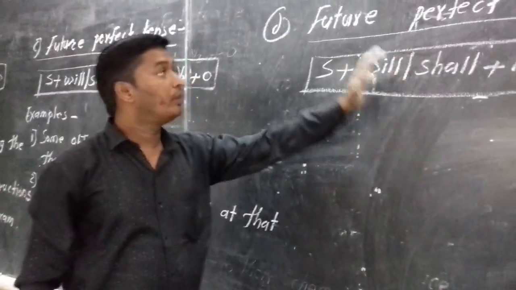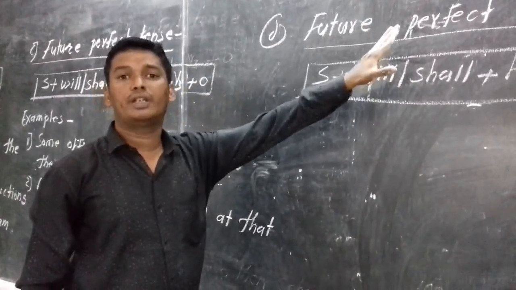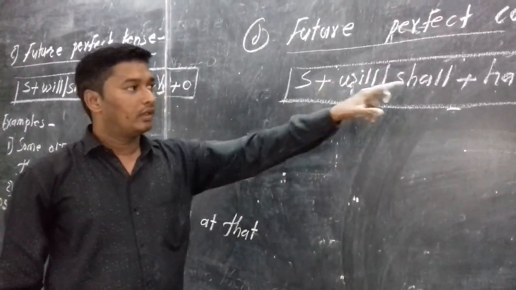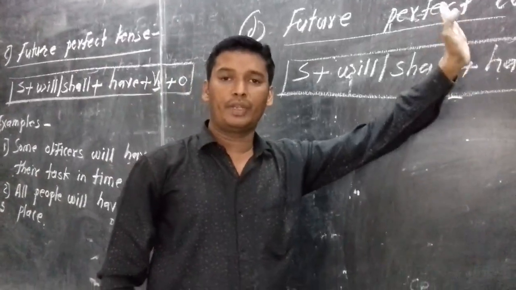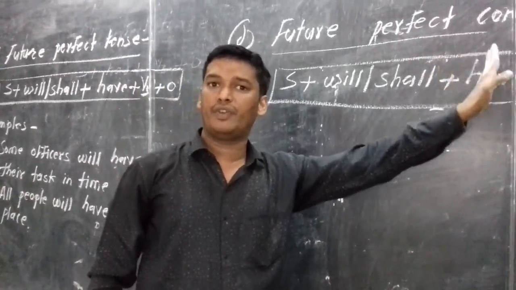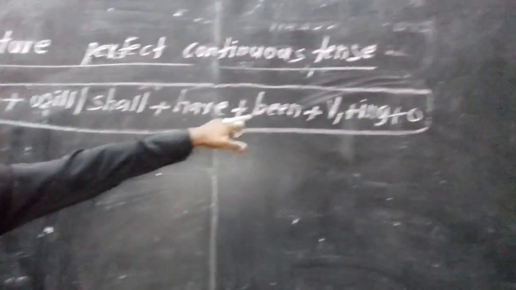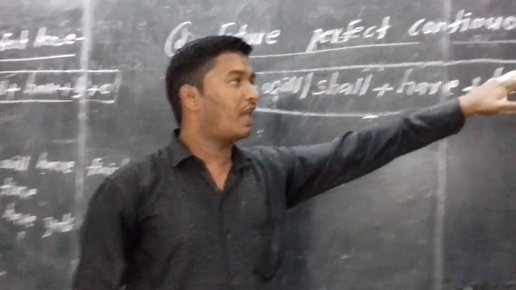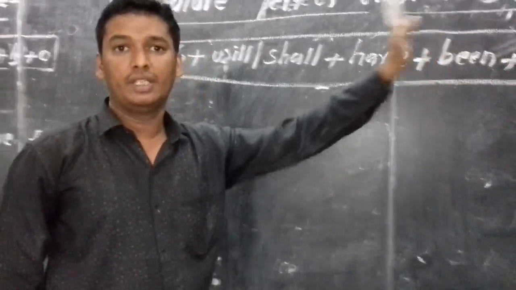This is the structure of future perfect continuous tense. As I have told you in present perfect and past perfect continuous tense, been denotes perfect tense and ing denotes continuous tense.